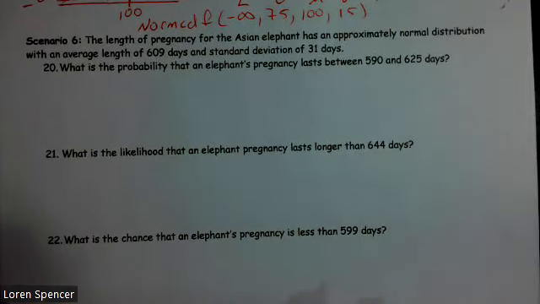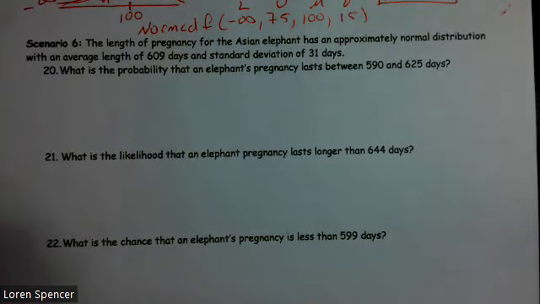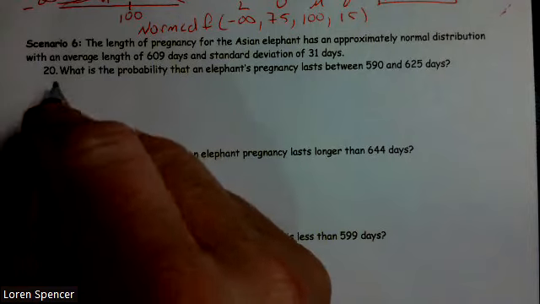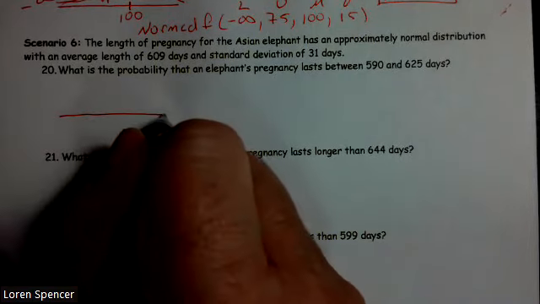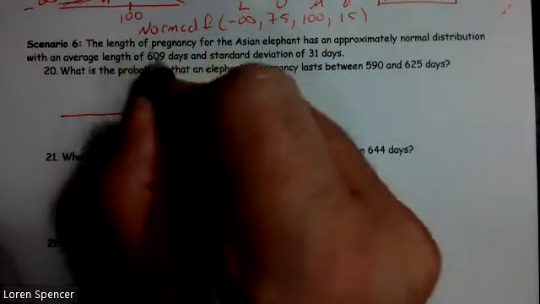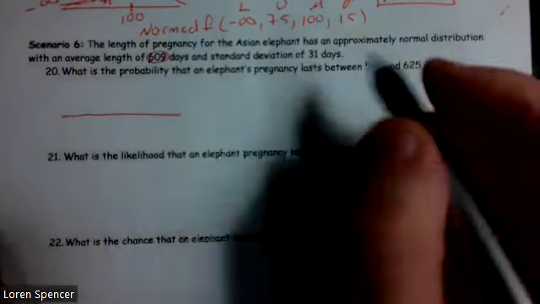Scenario 6, the last one. The length of a pregnancy for the Asian elephant has approximately normal distribution with an average length of 609 days and a standard deviation of 31. What's the probability that an elephant's pregnancy lasts between 590 and 625 days? So there's my mean.